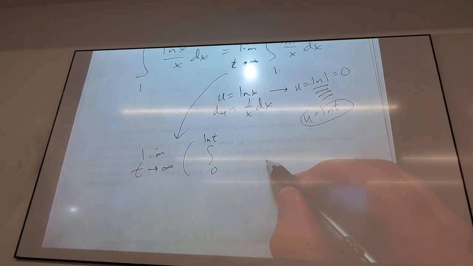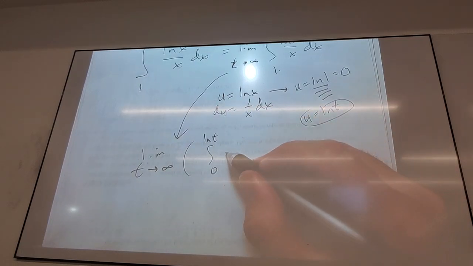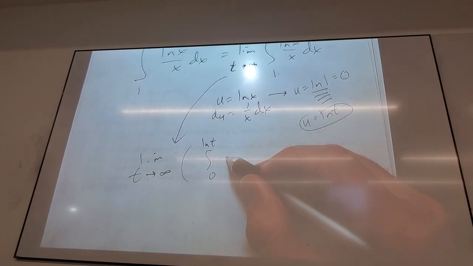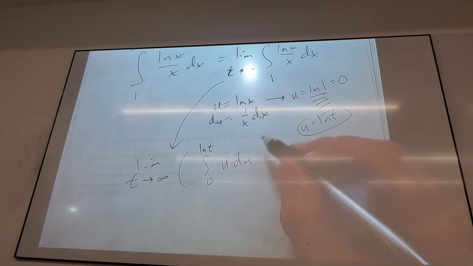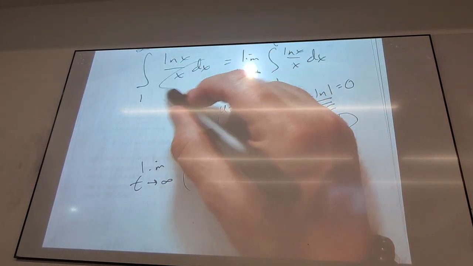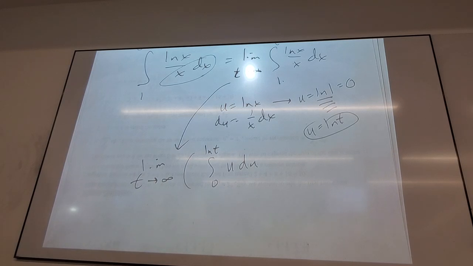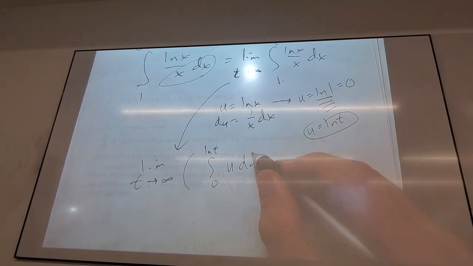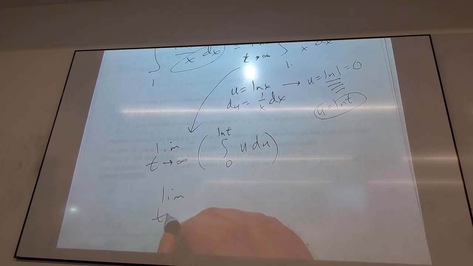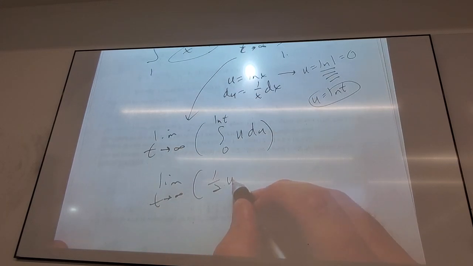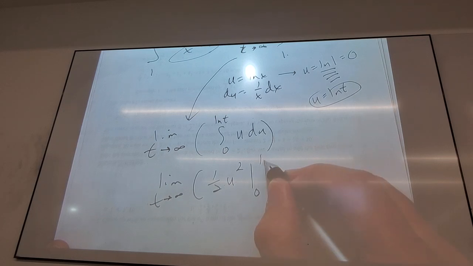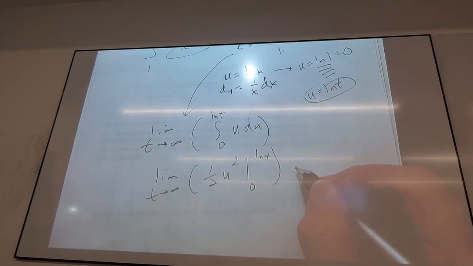So what's in this now, if I substitute? u du, yes. u is ln x, and du is this. So now this is u du. And what is that integral? 1/2 u squared from 0 to ln of t.